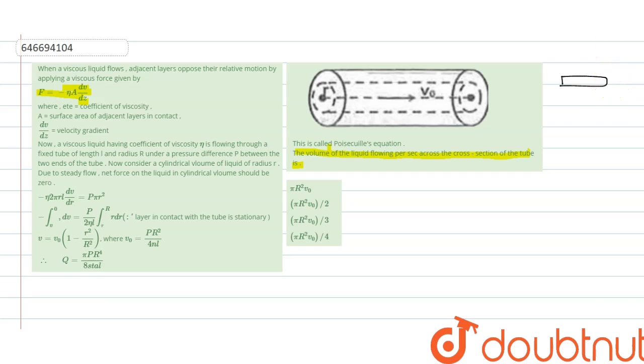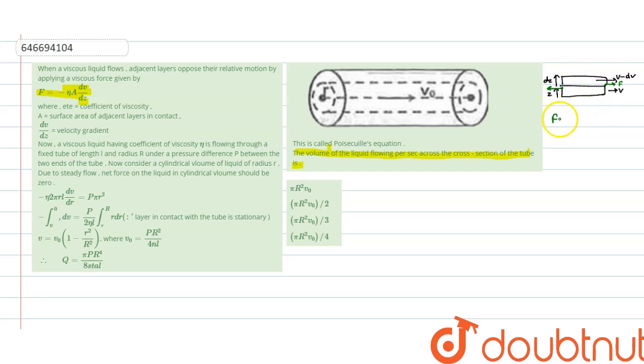For example, if this layer of liquid moves with velocity v minus dv and this layer of liquid moves with velocity v, let's say this length from base is z and this thickness is dz, then on this liquid the frictional force is going to act in this direction, and on this liquid the frictional force is going to act in this direction.